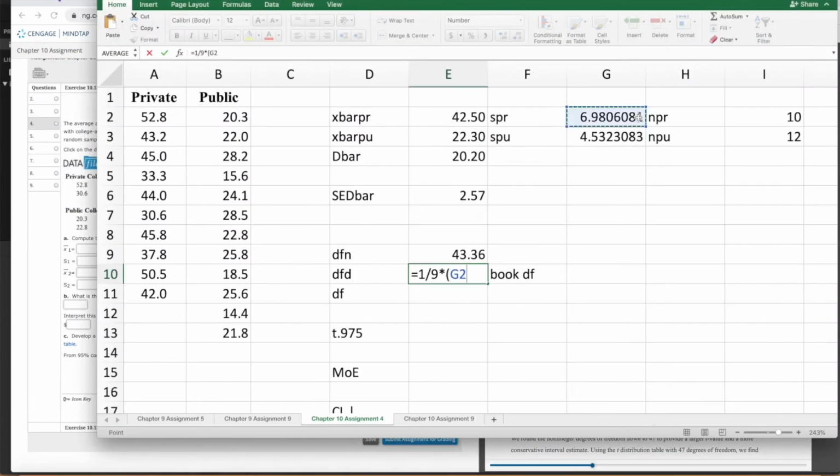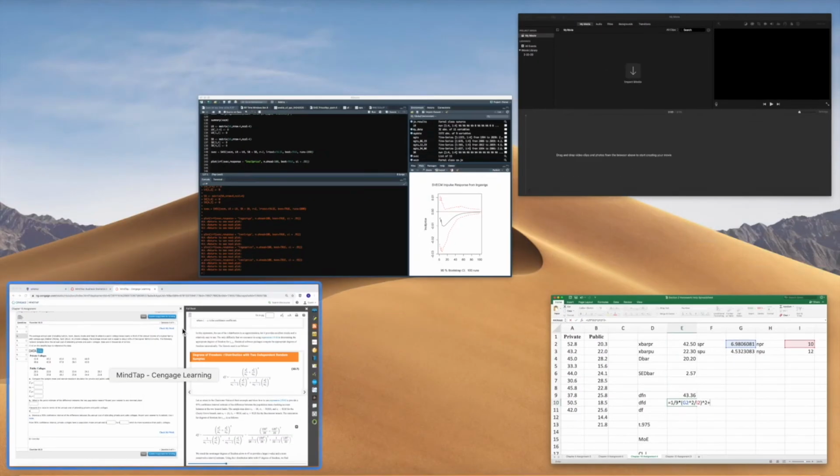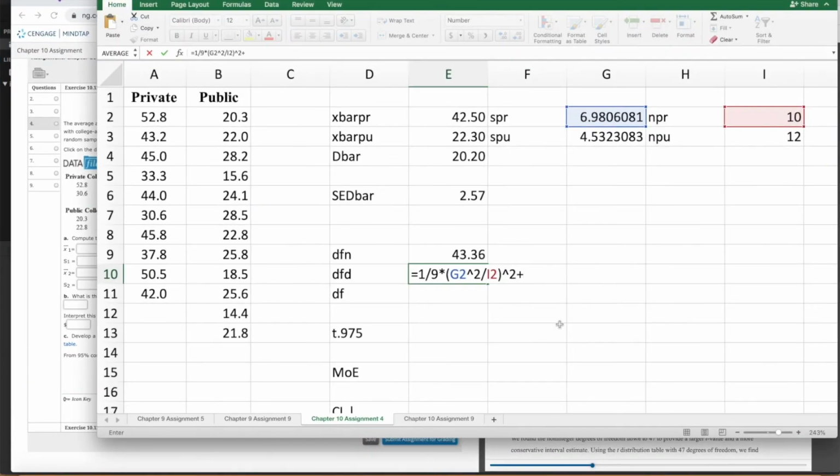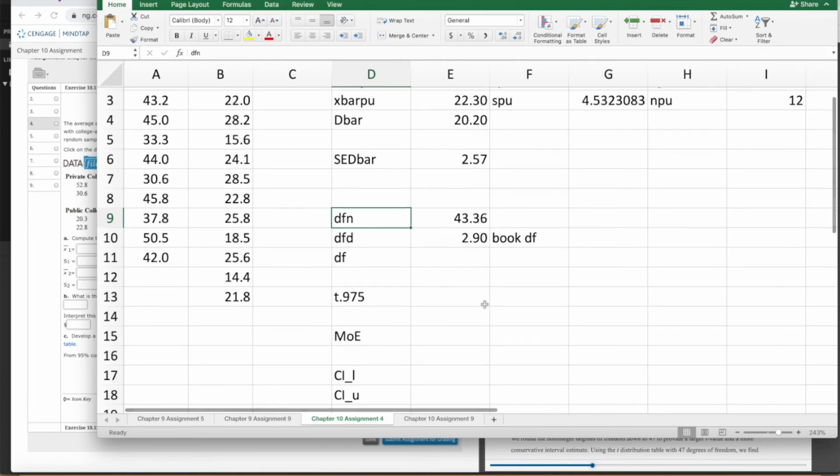So that's this guy again, squared, divided by n1, squared on the outside, plus 1 over n2 minus 1 over the same thing. So now this is going to be 1 over, that minus 1 is 11, times this squared divided by n2, squared on the outside, and that is now the degrees of freedom denominator.